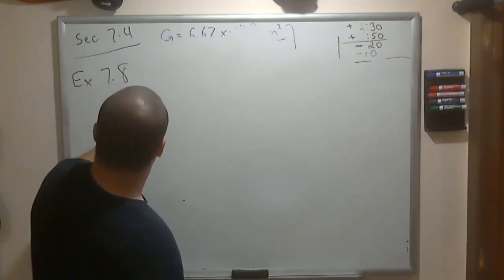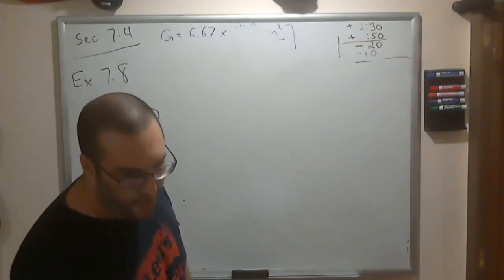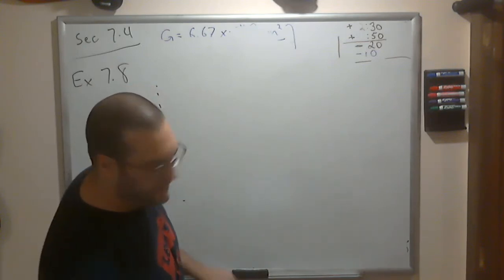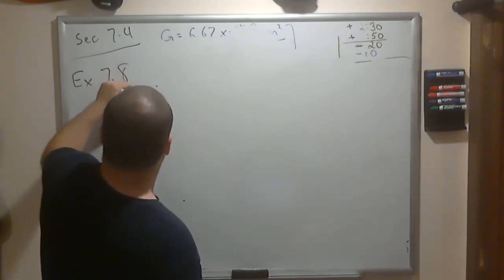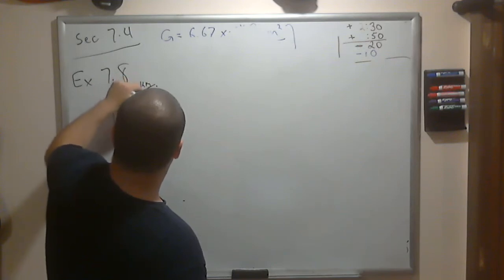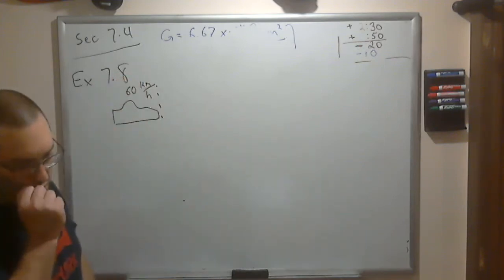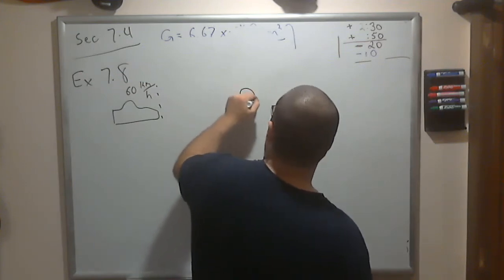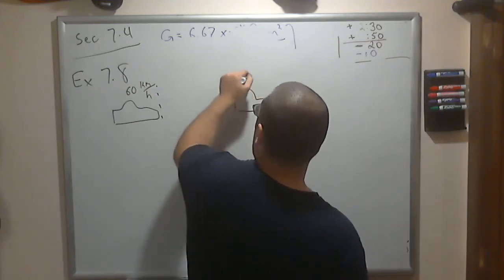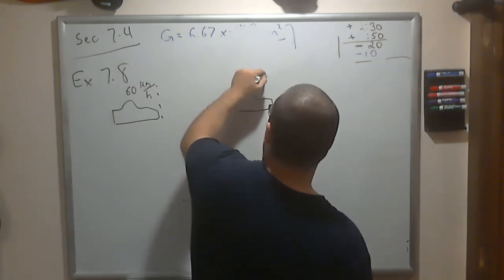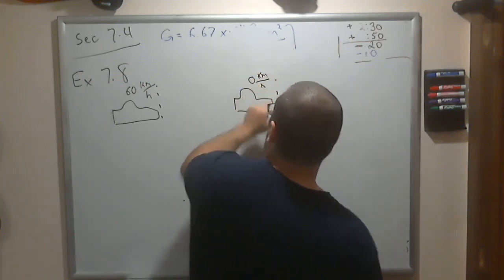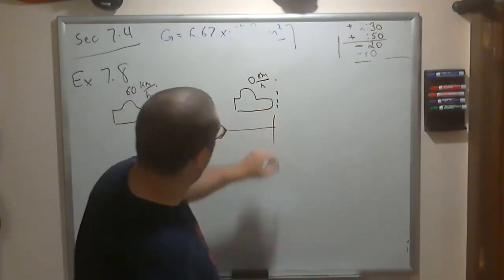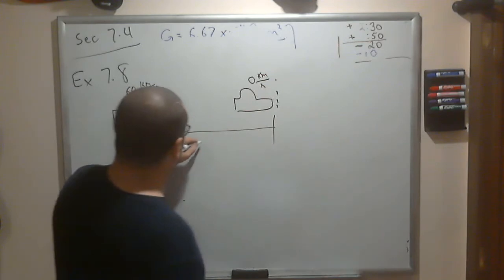If I brake it from 60 kilometers an hour to stopping, I do it within a distance of 20 feet.